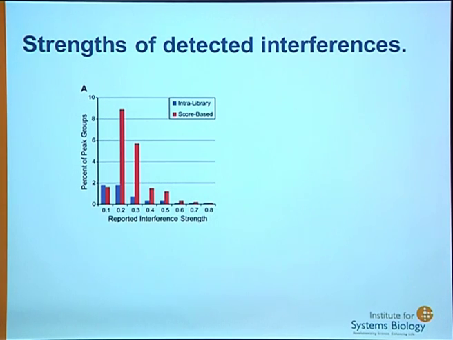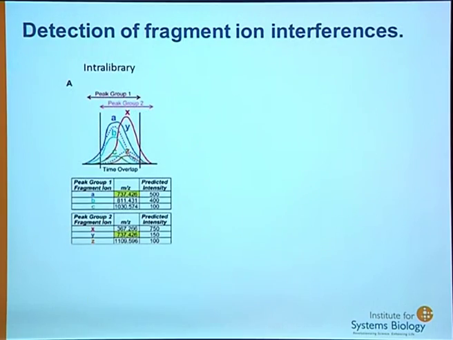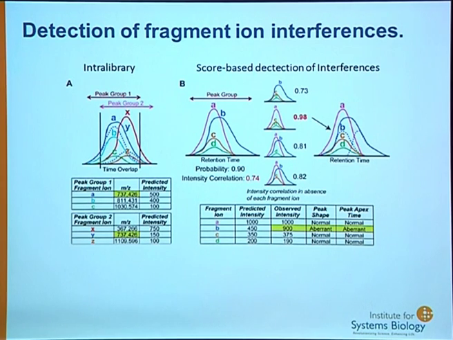What we can do is calculate an interference strength, and that is simply what fraction of the total intensity actually comes from your ion, and how much is from the interfering species.